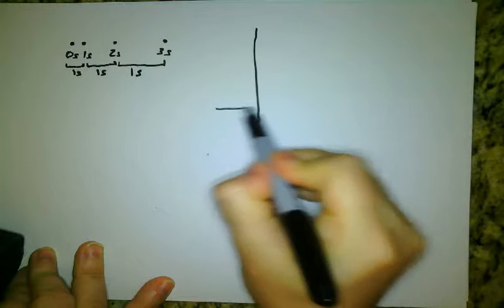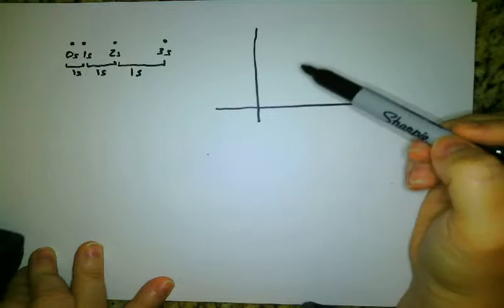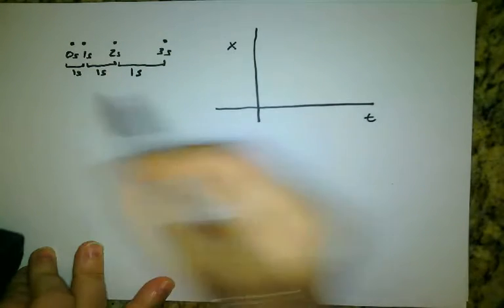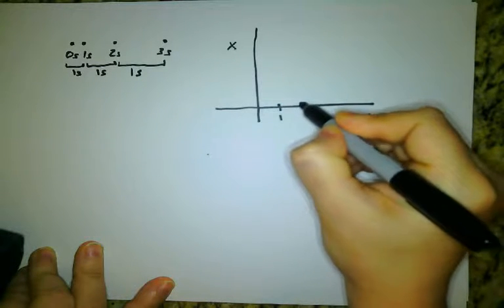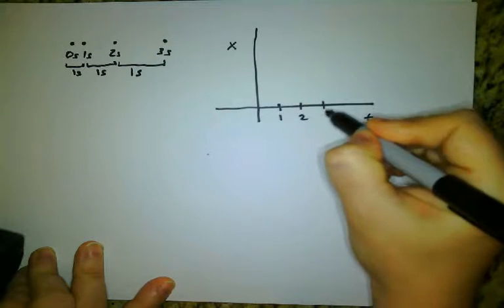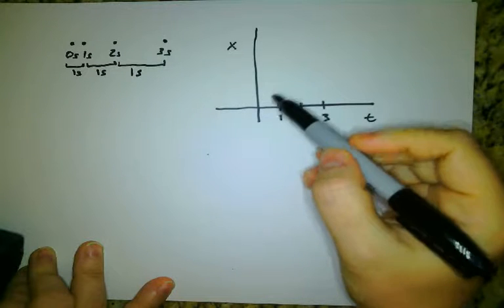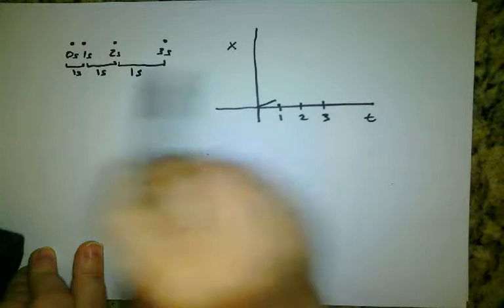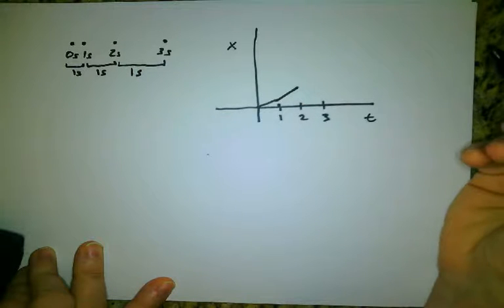Well, if I do a quick plot, basically the way I can think about it is if I think slopes are speeds, then I can sort of sketch it out that during the first second, this axis is time here, and I have 3 seconds. During the first second, it's moving slow, so the slope is kind of not that steep, right? Then during the second second, it moved faster, so the value of the slope increases.